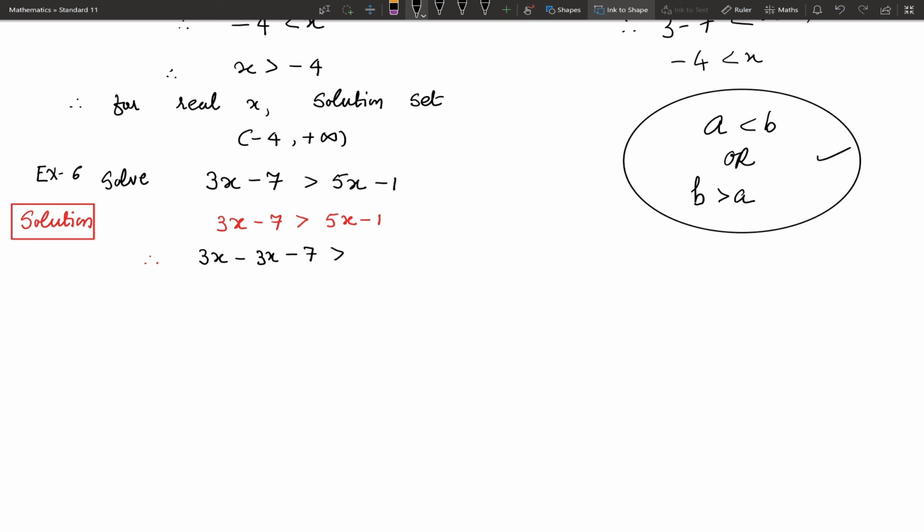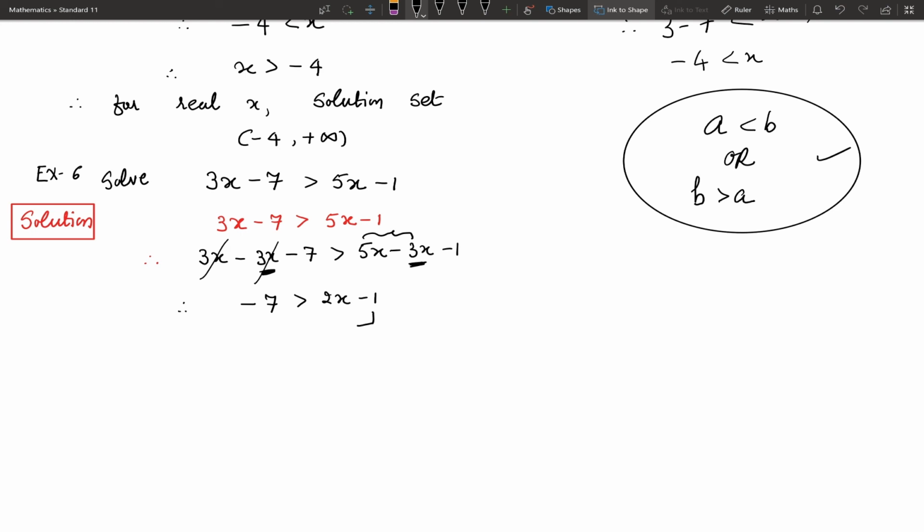Minus 7, we have added both sides minus 3x. So there is no change in the inequality. So now the simplification is minus 7 greater than 5x minus 3x, 2x, minus 1.